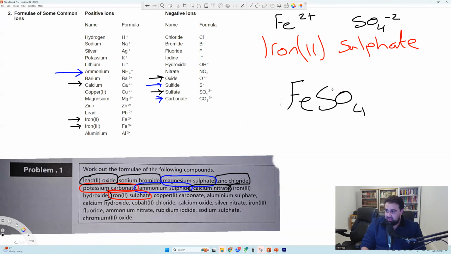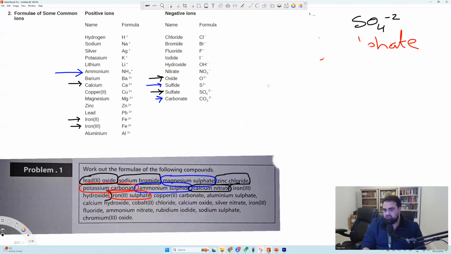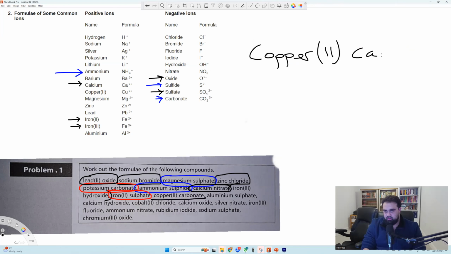Pretty easy. Let's do another one together, Imran. Let's do this one here. Copper carbonate. It says copper 2, so it has a 2+ charge, because, by the way, this brackets business with the charges and the Roman numerals only happens with transition metals.